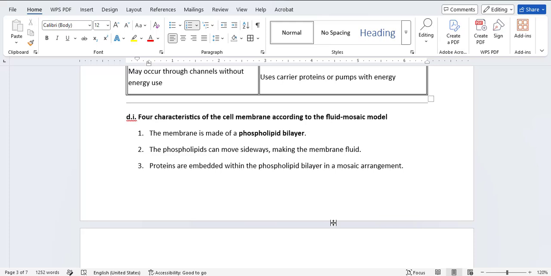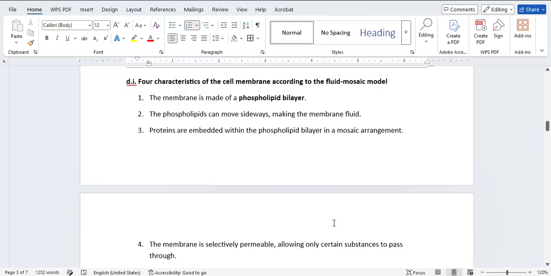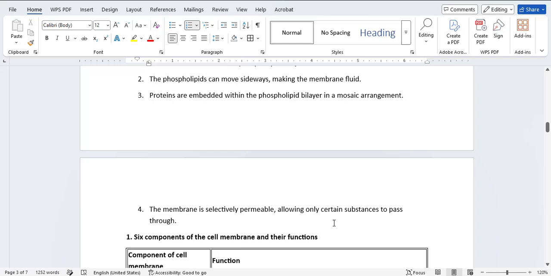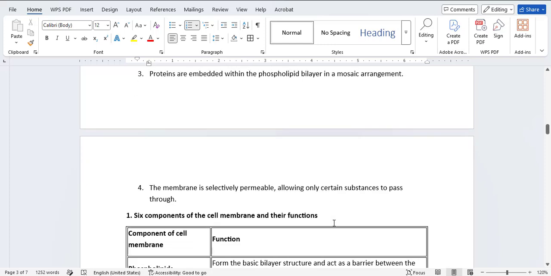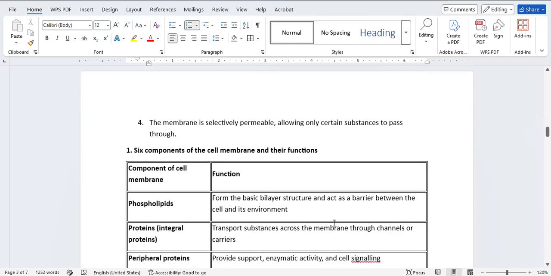So they are just stacked within the layers, some going through, some at the periphery. Four, the membrane is selectively permeable, allowing only certain substances to pass through, and so on.